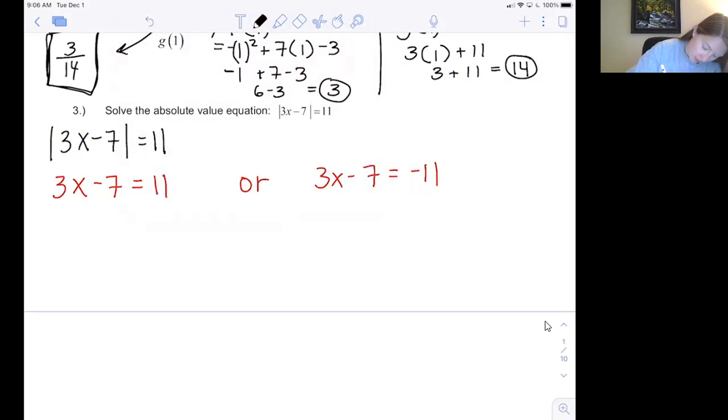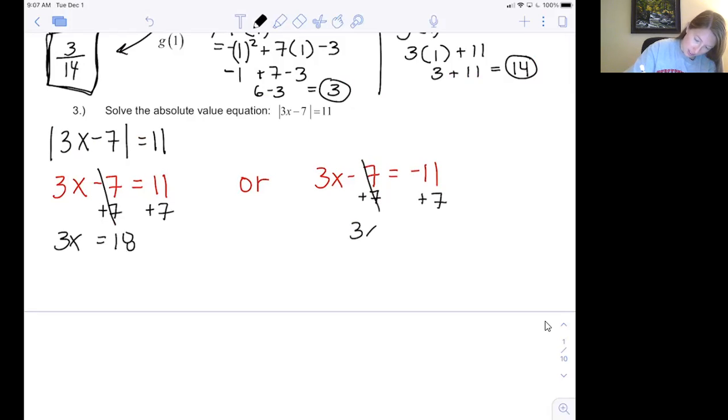And then all we're doing from here is we're just solving it. So for this side, I'm just going plus 7. Well, I'm going to do them at the same time. And then plus 7. So then over here, I've got 3x. I'm going to use my calculator so I don't have any stupid errors. Equals 18. And I've got 3x equals -4.